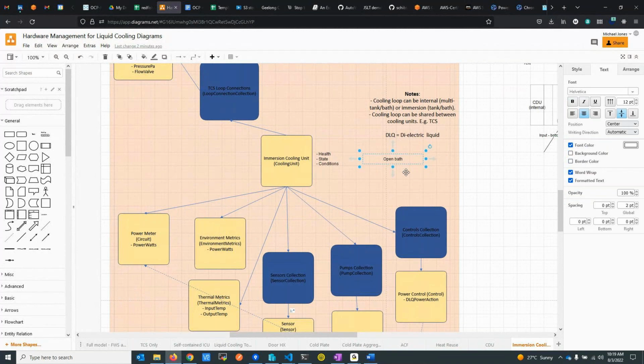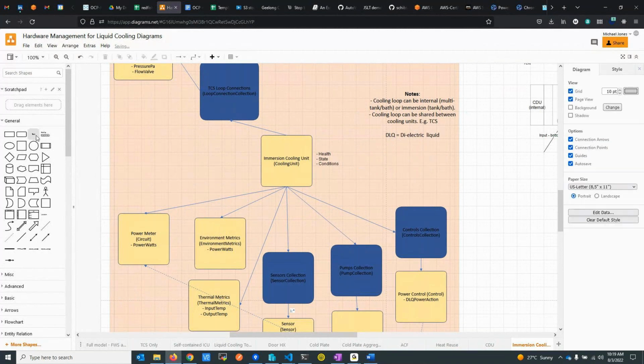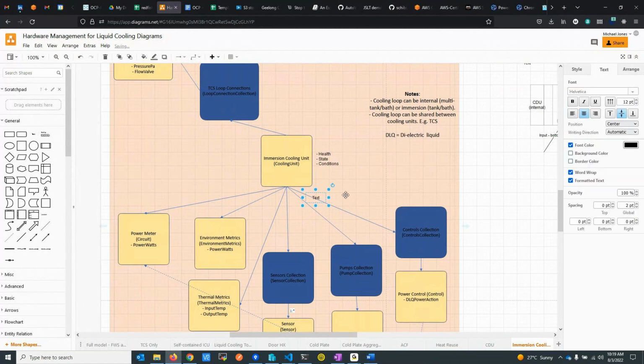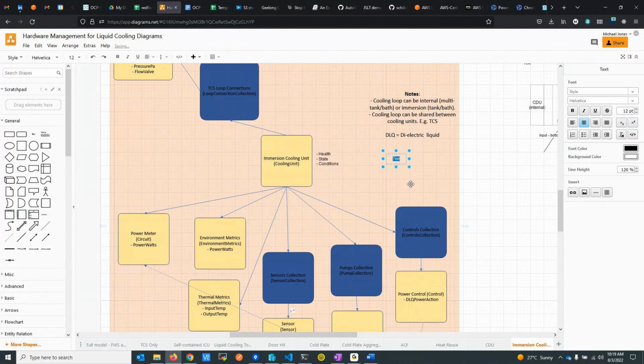Okay, I think we can cover that, but let me capture what you just said, because that's a very good distinction. So, enclosed chassis. Each server chassis is its own bath.